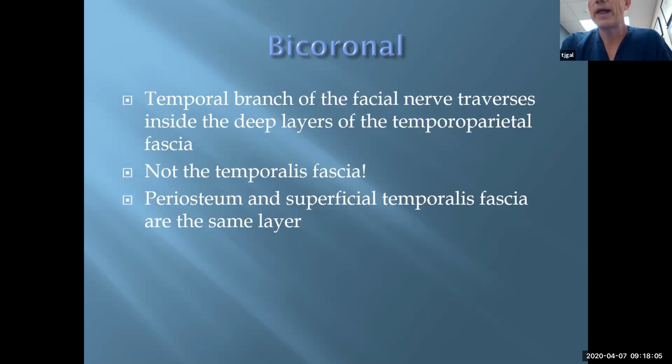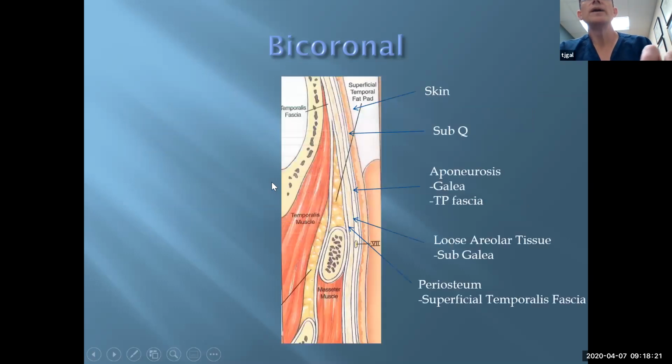The temporalis fascia proper is what keeps the temporal fat in place, okay? But it's contiguous with the periosteum of the skull, okay? So again, if you're elevating the periosteum, you're on this plane here, okay?